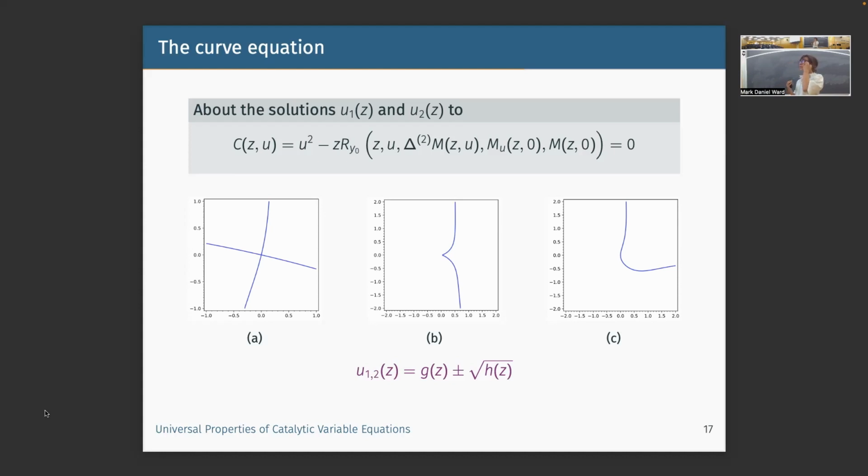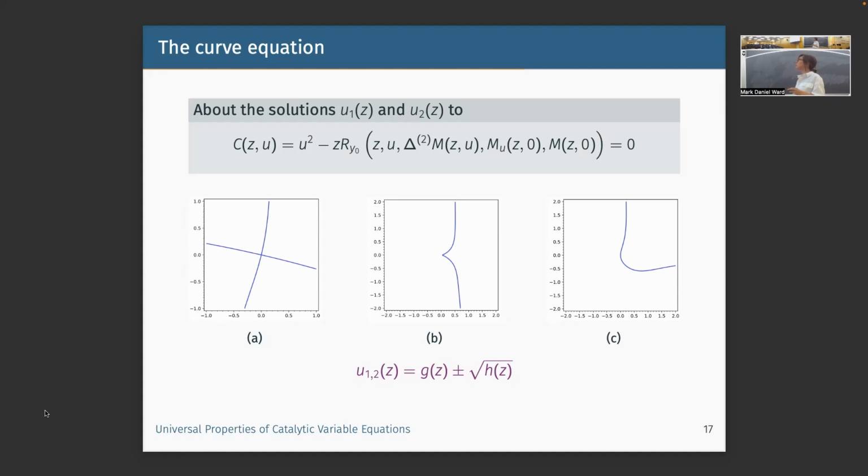This is something we can prove in general: if you have higher order divided differences, then you would have k different solutions, but there will always be one, u1(z), that is real and whose absolute value is larger than all the others. The nice thing about u1(z) is that it is the largest solution to this equation.